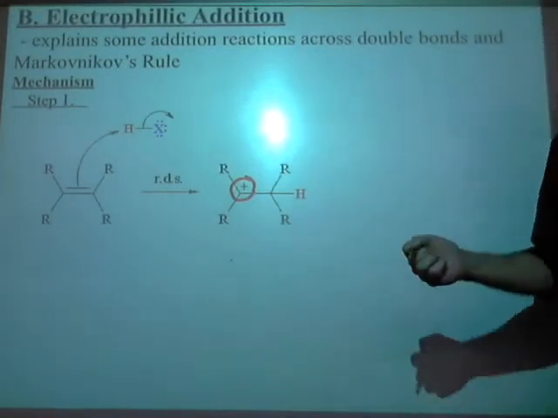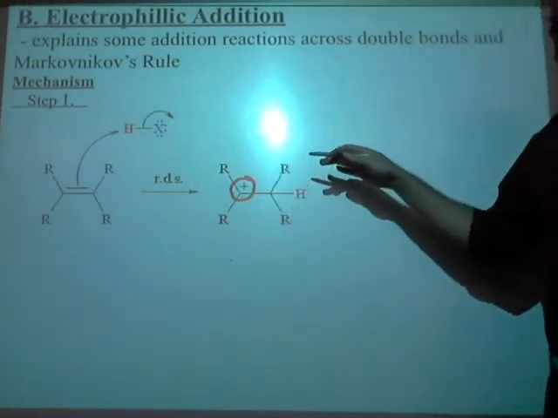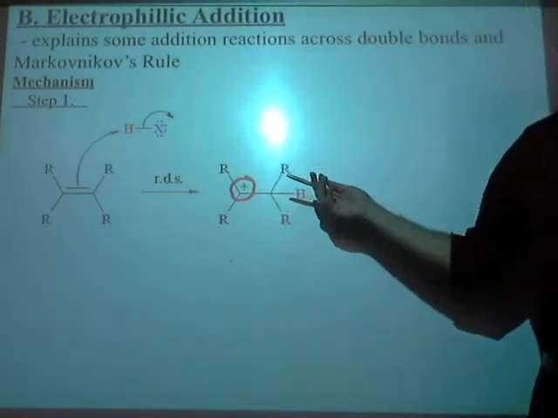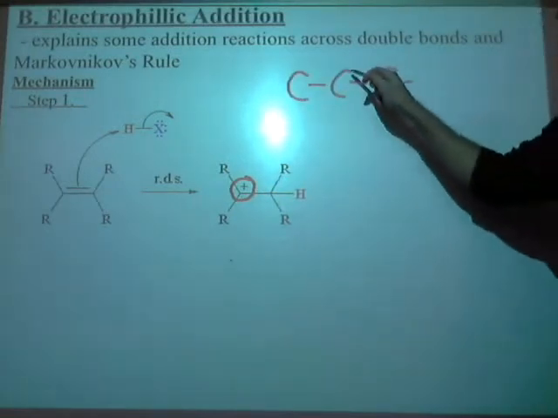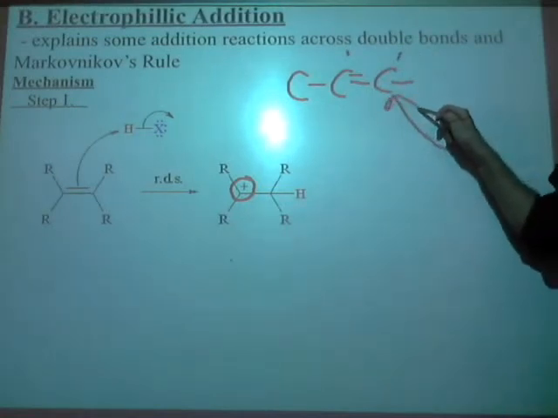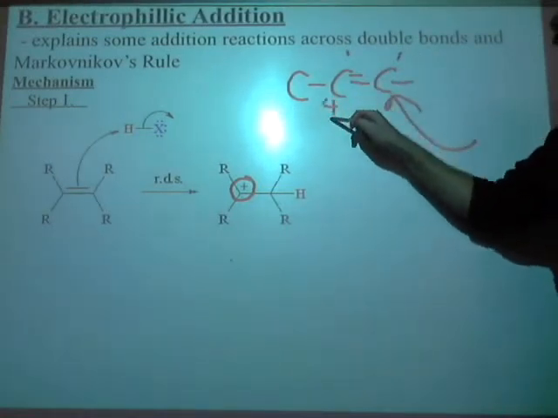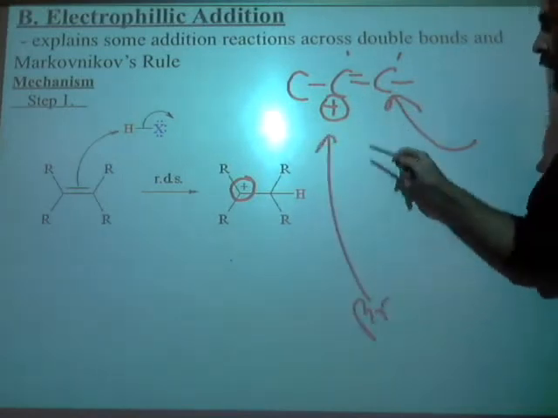That's why it forms on that. So this H adds to the carbon that is, for example, given a choice of primary or secondary. Where's the H going to add in this case? Believe it or not, the H adds here because that forms a carbonium ion on this higher carbon, and then the bromine is going to come in and add to there.